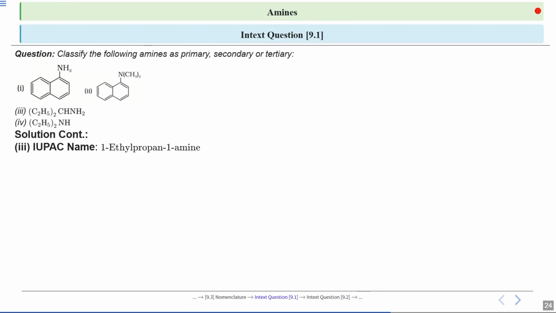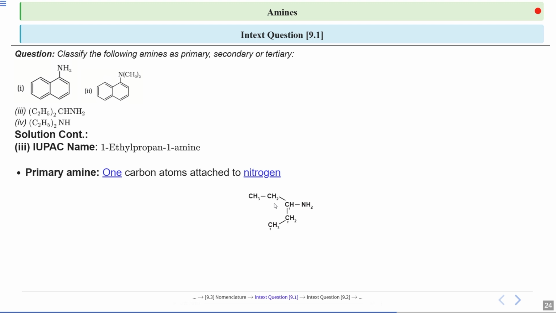Next, if you name this by IUPAC, it will be 1-ethyl propane 1-amine. And if you see, this is a primary amine. Why primary? Because you will see this nitrogen is attached to two hydrogens and one carbon. And if you look at the IUPAC name, I have selected the longest carbon chain. So this is the chain.